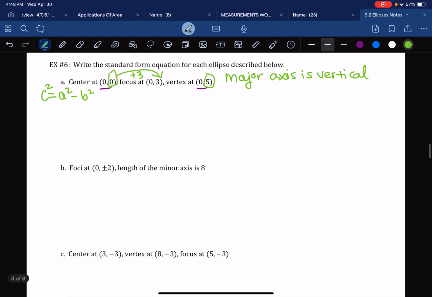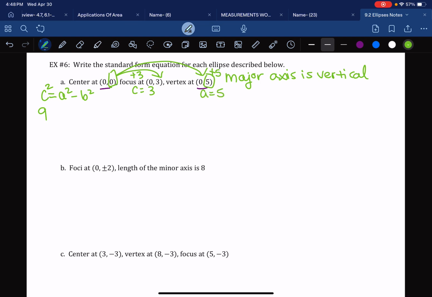So that means that C is equal to 3, and 3 squared is 9. And if you look at the vertex, that is plus 5. So that means A is 5.